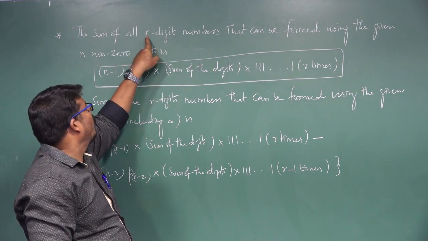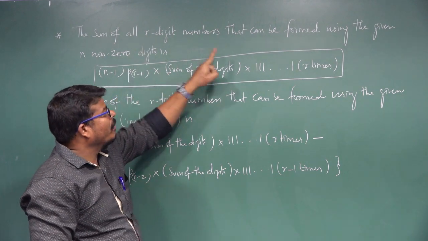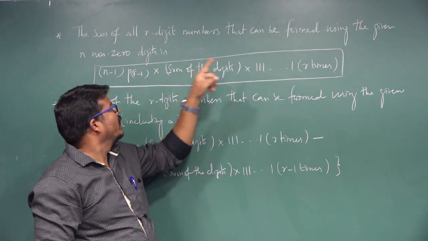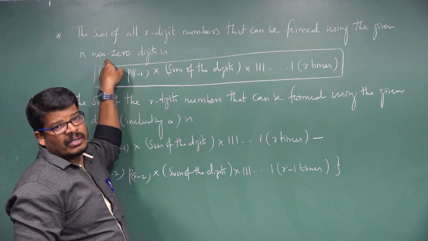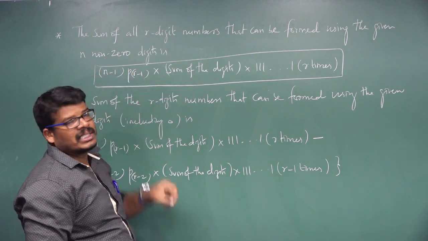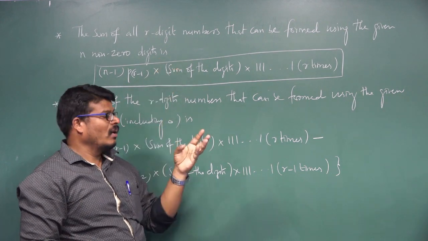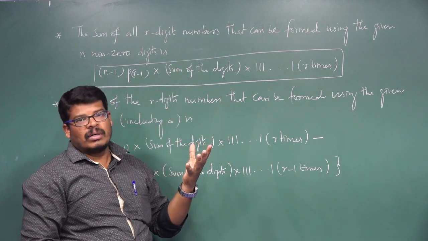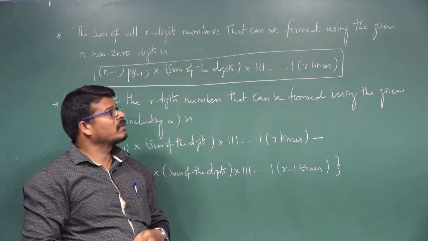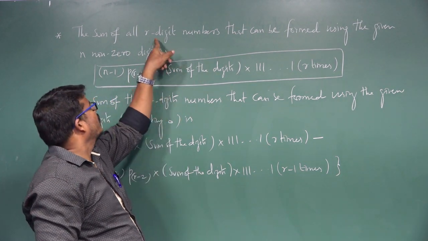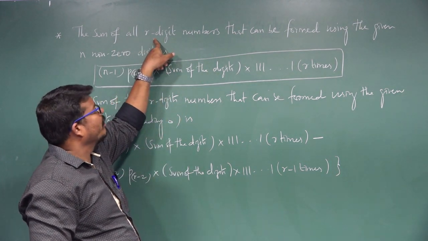For example, the sum of 4-digit numbers that can be formed using the given non-zero digits excluding 0. For example, 1, 2, 3, 4 were the digits. Now find the sum of 4-digit numbers.